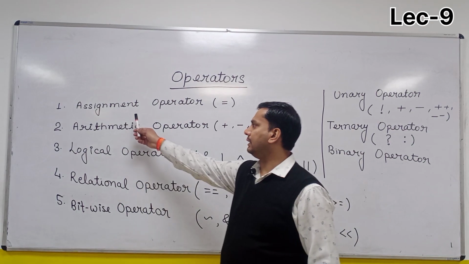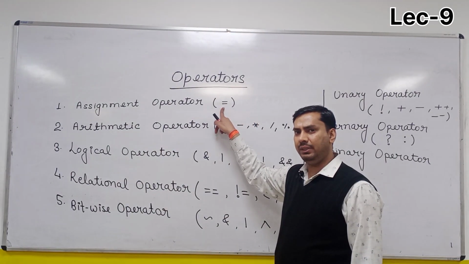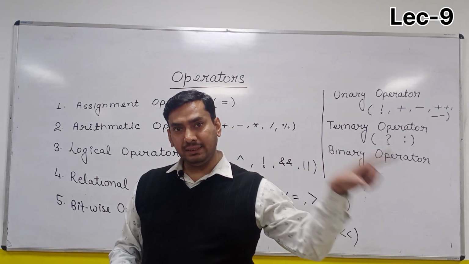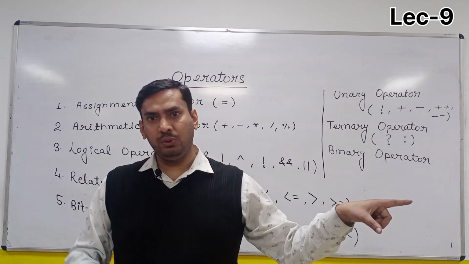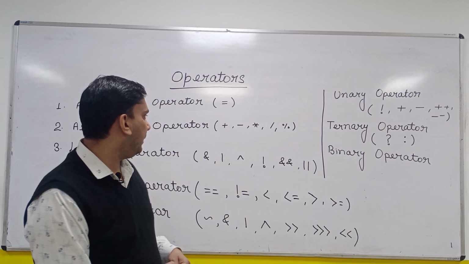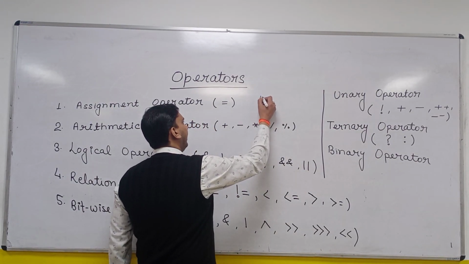The first one is the assignment operator. The assignment operator is the equal to operator, which says that I will be assigning the right side value to the left side variable. Let's say I write a equal to 5.